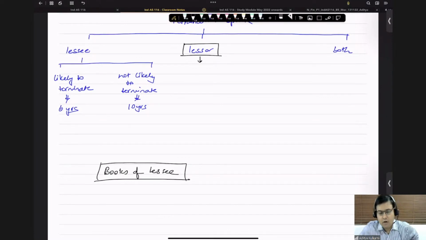The termination option is with the lessor and not with the lessee. We are in the books of lessee, which means we have to recognize the ROU asset and lease liability today on the date of commencement. So you need to understand what the lease period will be, because basis that the lease liability is determined. The termination option is not with you, it's with the lessor. So what is going to be the period? Come on.